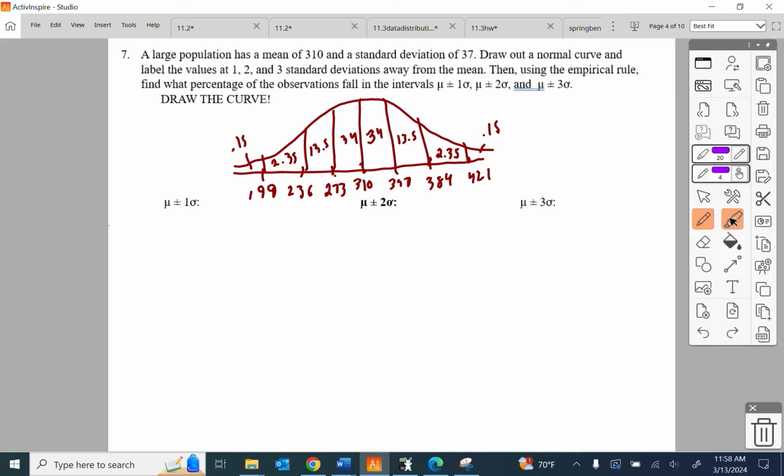So anyways, the mean plus or minus 2 sigma is going to be the middle ground. Sorry, I'm only doing this one. The mean plus or minus 2 sigma is going to go back here and over there. It's going to be all of this. And that's going to be 95% of the graph. It doesn't look like it because my bell curve is not to scale, but that is 95% of the graph.